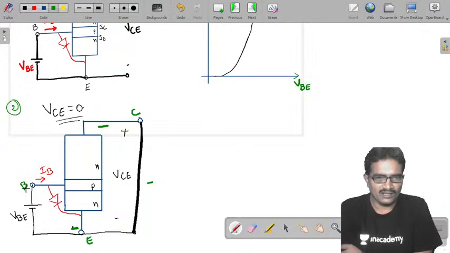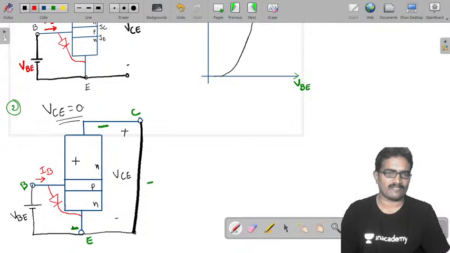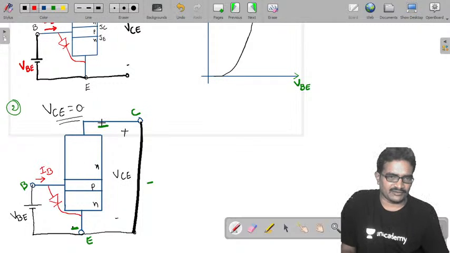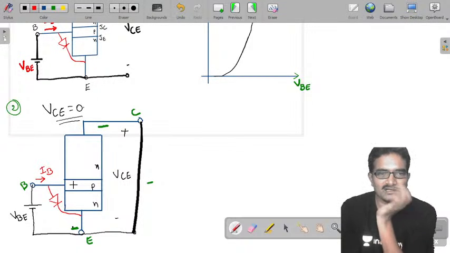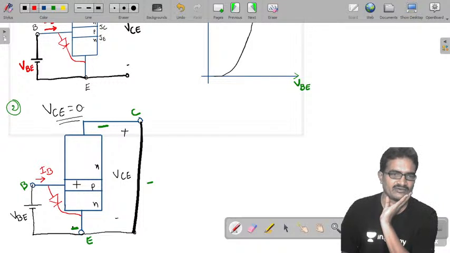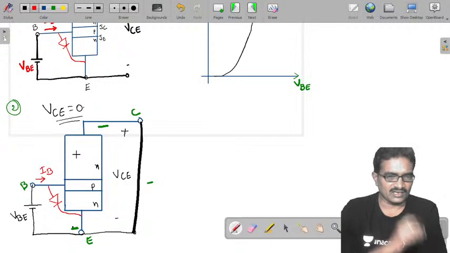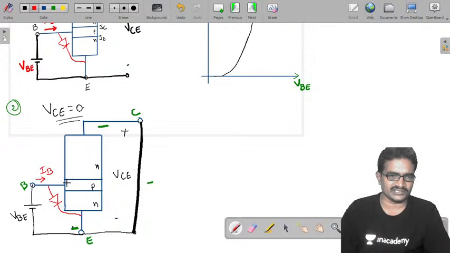Now once the collector is negative, the electrons repel, and whatever holes are available in the P region are going to be attracted towards that side. Once holes are attracted, fewer carriers are crossing the junction.